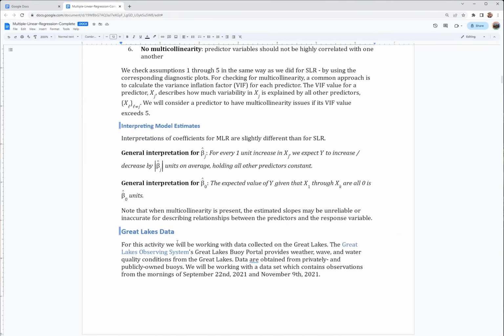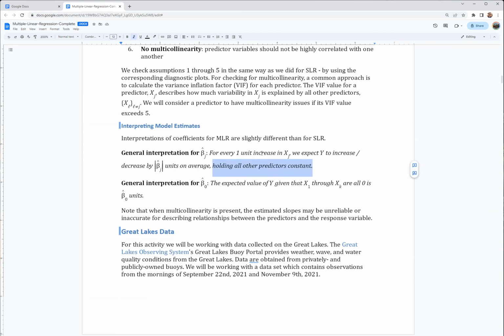So also talking about how we can interpret the regression model estimates now for multiple linear regression. Again, very similar to simple linear regression, but we have to be a little bit careful with the phrasing. So now for each of the estimated slopes, here's a general blueprint interpretation. And note that the first part of it, the highlighted portion here, is exactly the same as when we just had simple linear regression. What's different is this additional phrasing that we have to say, holding all other predictors constant, or holding all other x's constant.